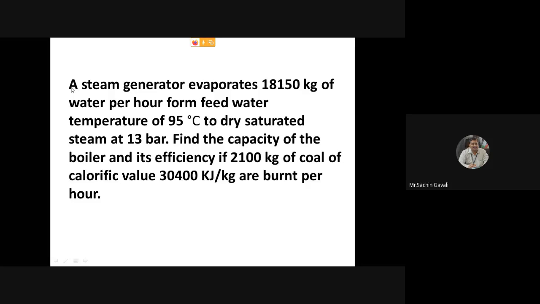Can we solve? Anybody having a problem, then mention the problem. Kunal is saying that yes, he can solve. Others reply and start solving. Be with calculator, be with steam table, and be with notebook.